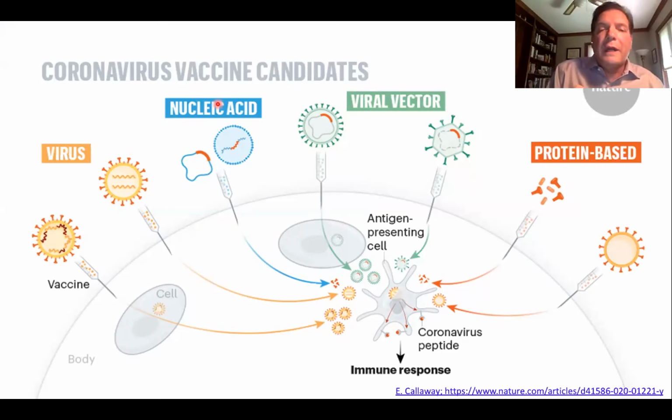So the messenger RNA is the genome, and the Moderna vaccine that Fauci talked about is a messenger RNA that encodes the spike protein, encased in a lipid, and that's used as an injection to give to people. That messenger RNA gets into our cells and will begin to express the protein.